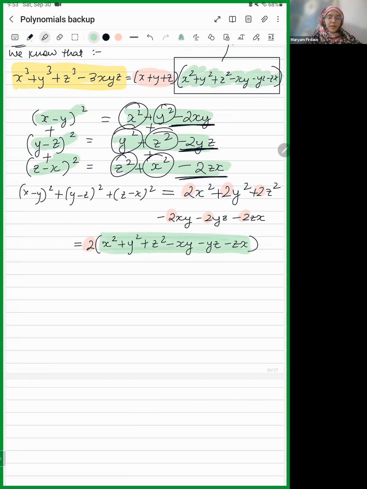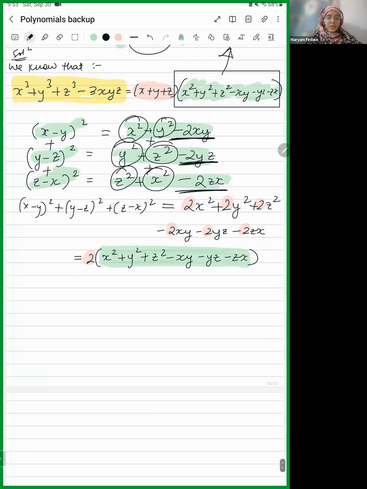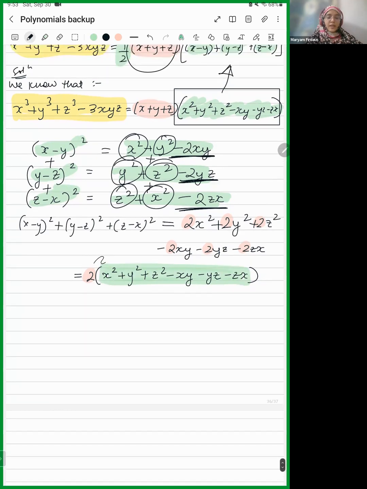It's the same thing. So we can just take the 2 to the other side. Never mind, don't write it like this. So we start from here, this point.